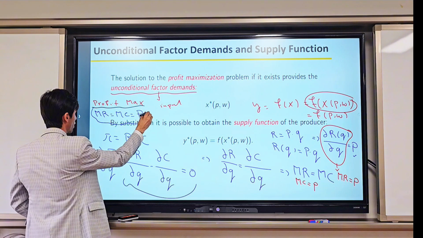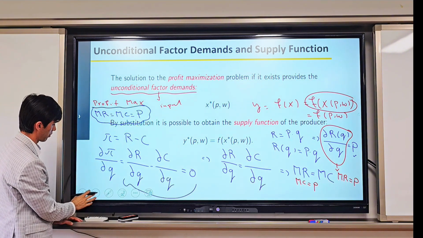So this is the condition for profit maximization in the case of a perfectly competitive firm.